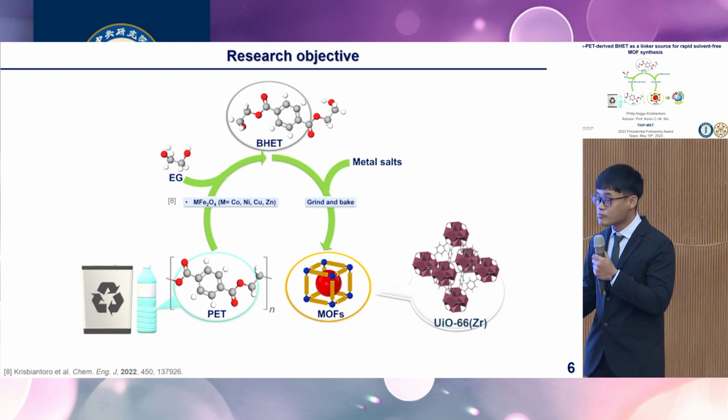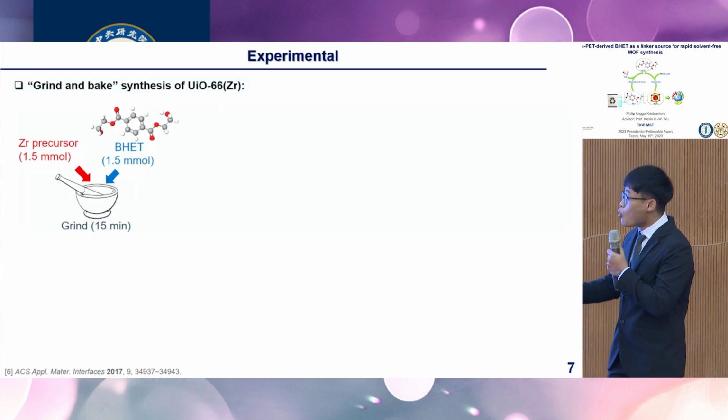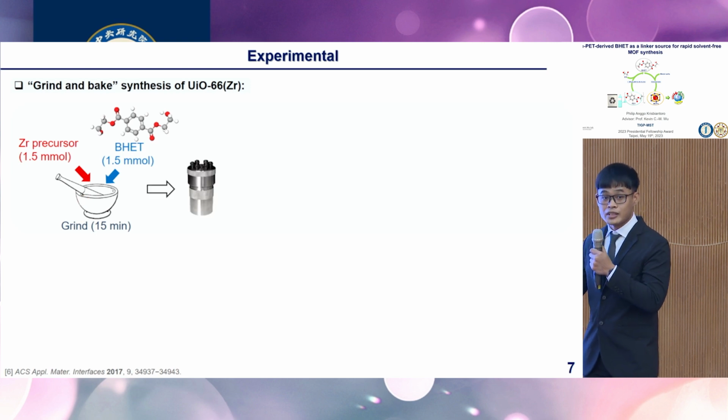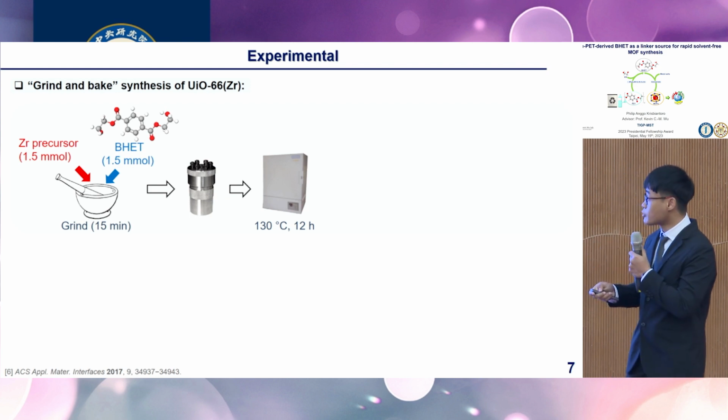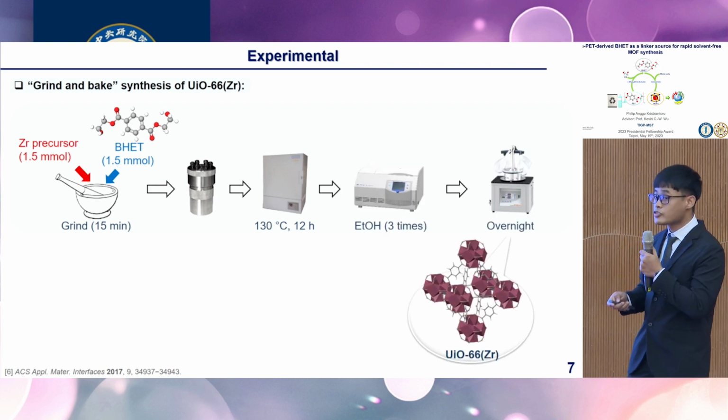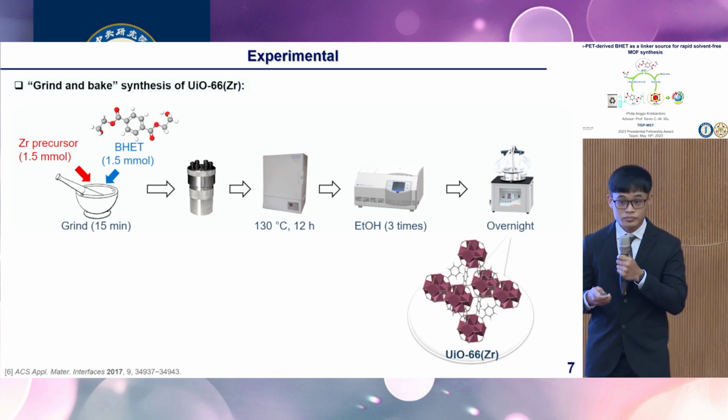It's very easy. In a typical synthesis, 1.5 millimole of zirconium precursor and 1.5 millimole of BHET were ground for 15 minutes and then transferred into an autoclave, baked at 130 degrees C for 12 hours, then washed with ethanol 3 times, and finally freeze dried overnight to get the material.